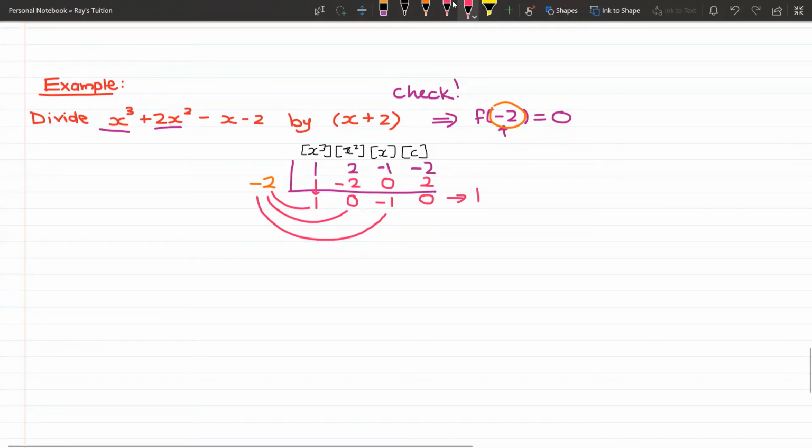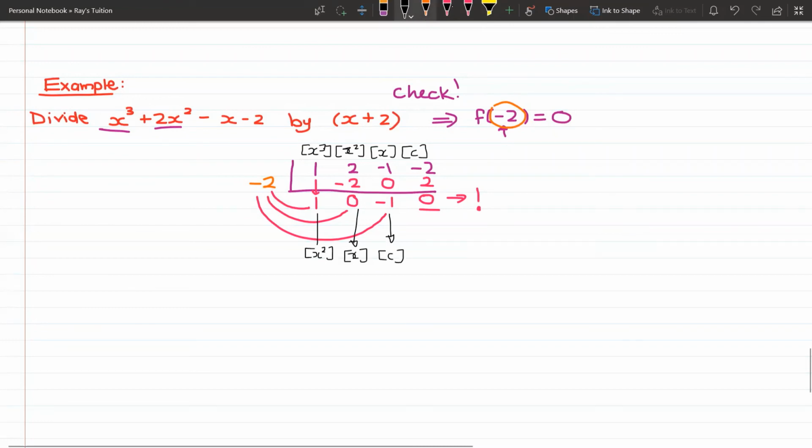This must be equal to 0 because we are dividing by a perfect factor. Now what we are left with over here is the coefficient of x squared, this is the coefficient of x, and this here is the constant term.